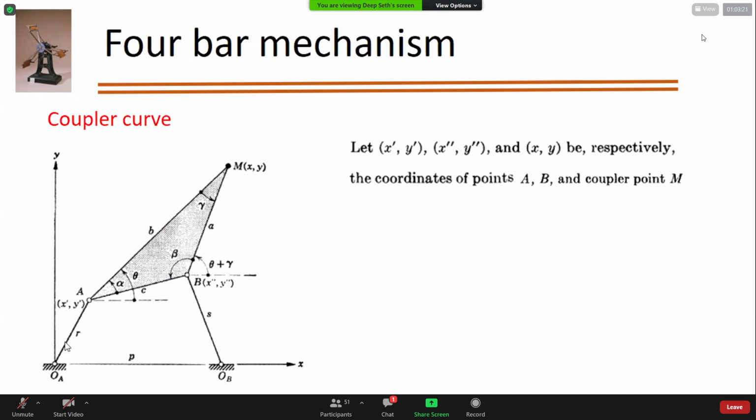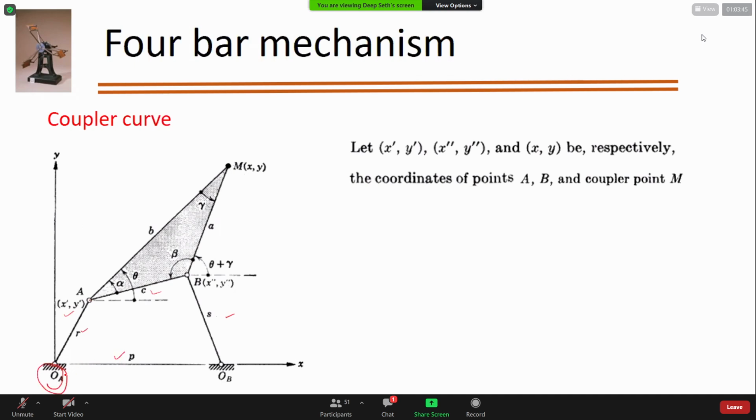So this is your 4-bar link mechanism. This is your fixed link. This is link 1, 2, link 3, and link 4, so R, C and S. So this point A, I'm defining as x dash, y dash with respect to this frame X and Y, which is at origin OA.